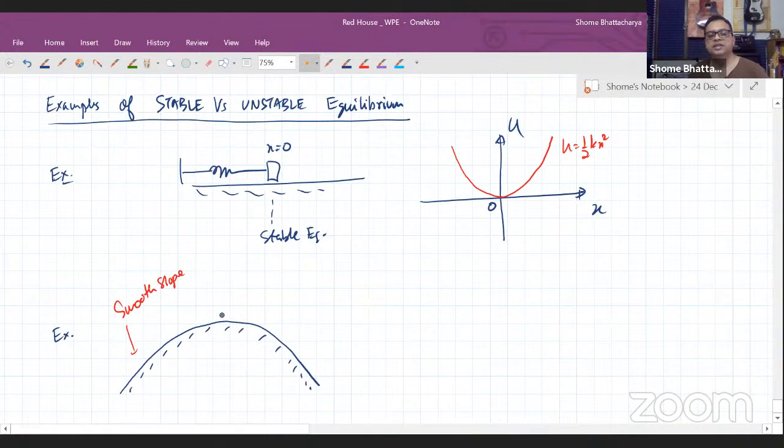You can see that at this position, force is 0. Net force will be 0. But if you take a body to this position, the force is acting like this. It is non-restorative. If you take a body to this position, you can see it is again non-restorative. So this position A is the unstable equilibrium position.